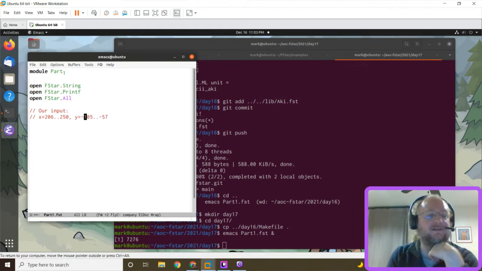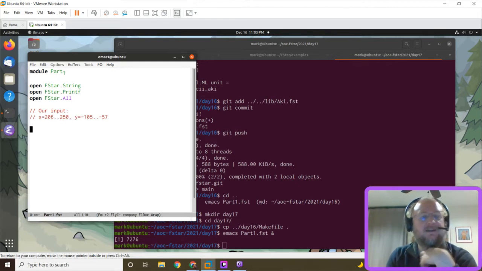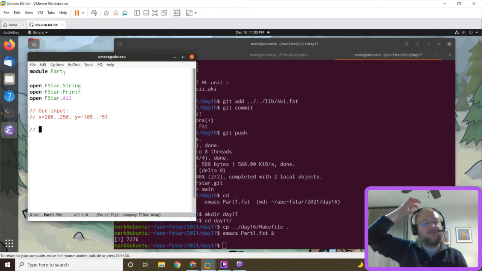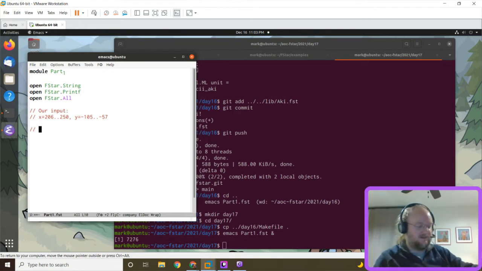So this y is above our starting location. I don't know if that tells us anything. So let's see.